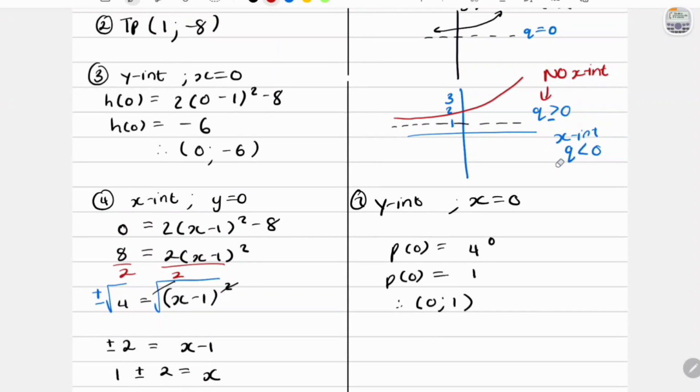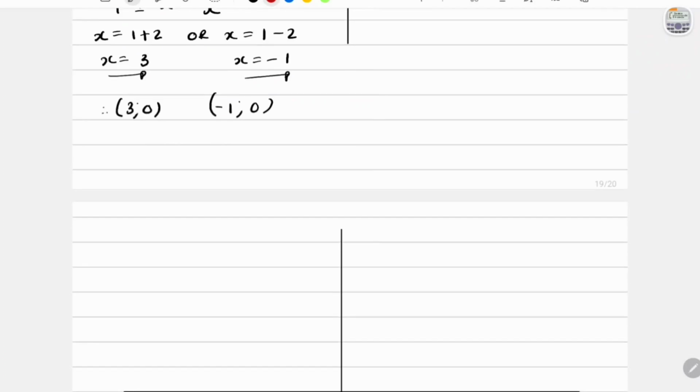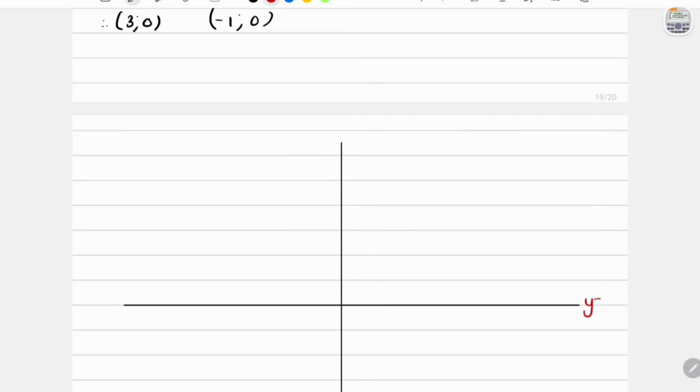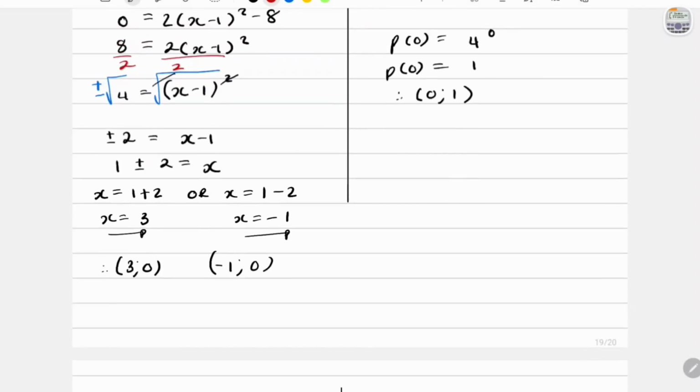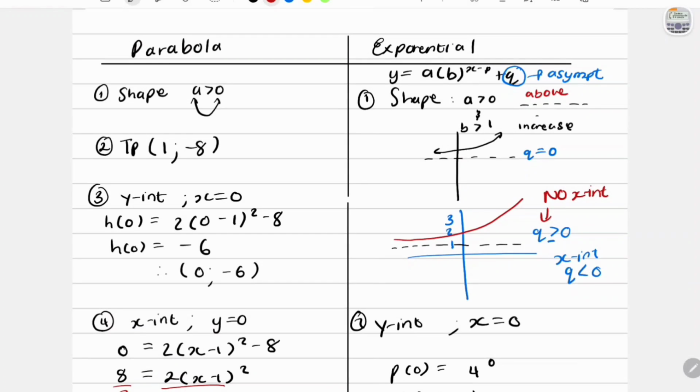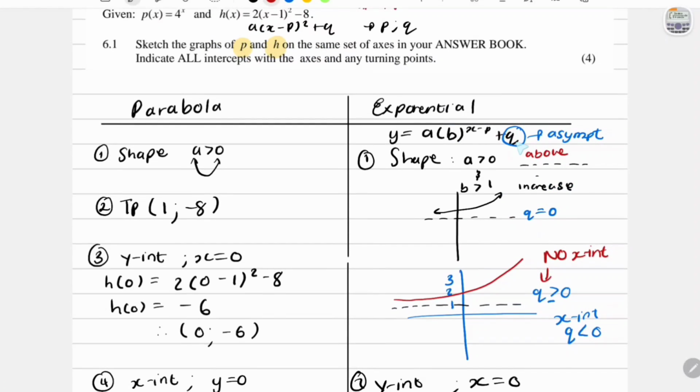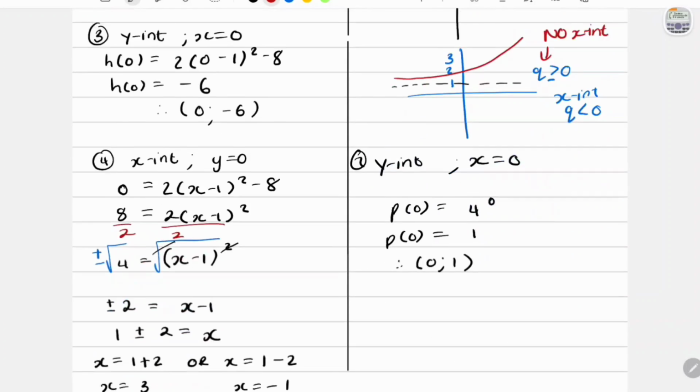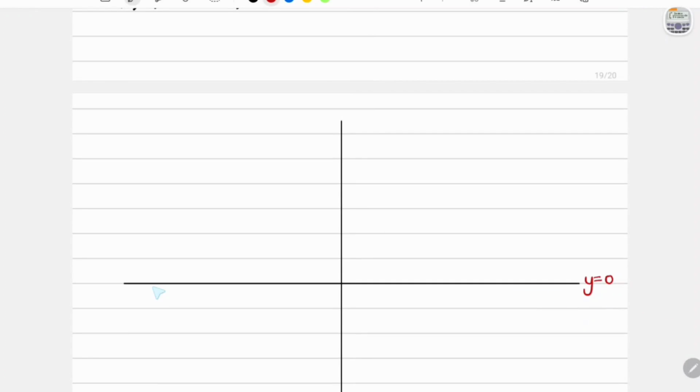And I know I called it q, but as an equation, it's actually going to be y is equal to 0. The q value is 0, but q is just the name of that y value. As an equation, it's y is equal to 0. Remember, it's a horizontal line.